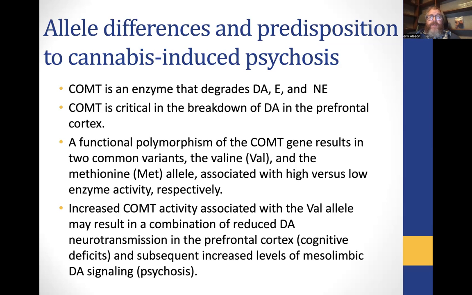But when it was replicated in New Zealand, they did uncover this genetic relationship as well. So only if you had this one unique allelic phenotype of COMT would smoking cannabis in adolescence lead to psychosis in adulthood.